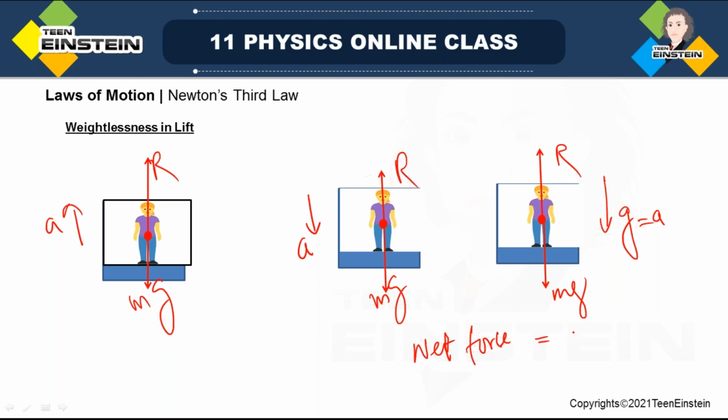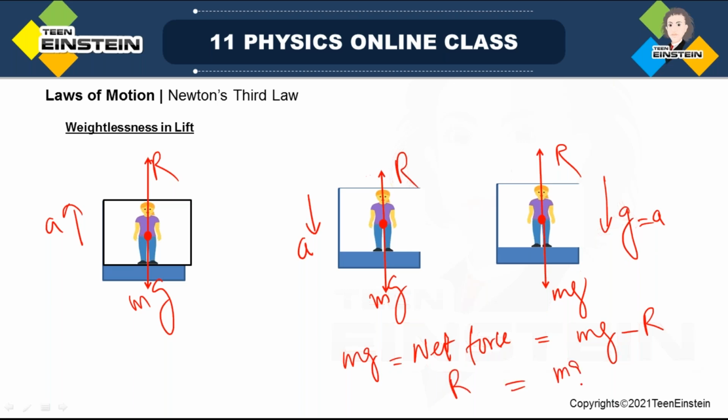Net force will be mg minus R. What is the net force? Net force is also mg now, because g is the acceleration. In place of a, I can write g.